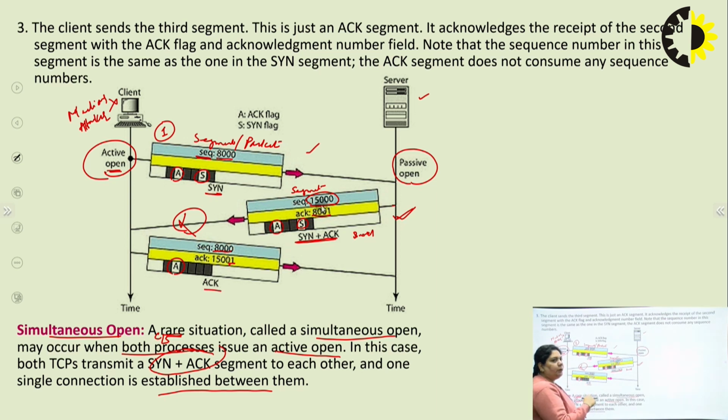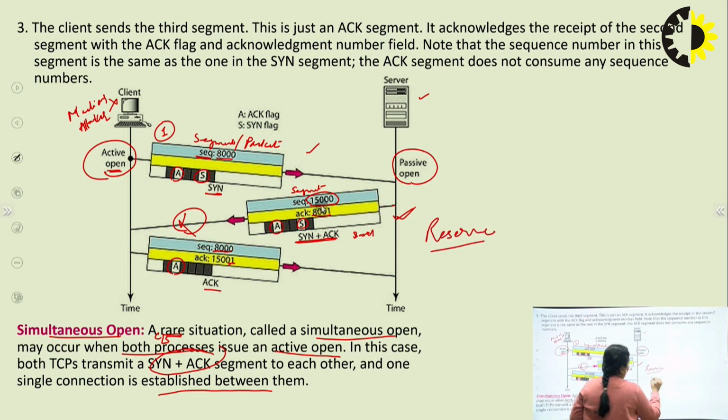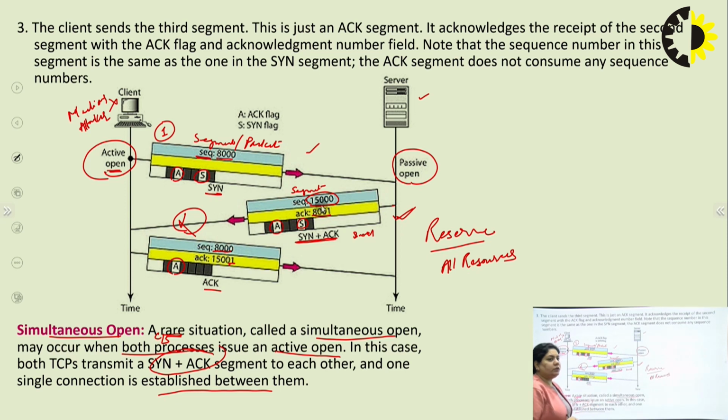What will the server do? The server will send the packet and reserve all the resources that are used to transfer the data between the server and the client. A virtual path will be created and all the resources will get reserved, and this malicious attacker keeps sending the synchronization packets again and again, making the virtual path congested.